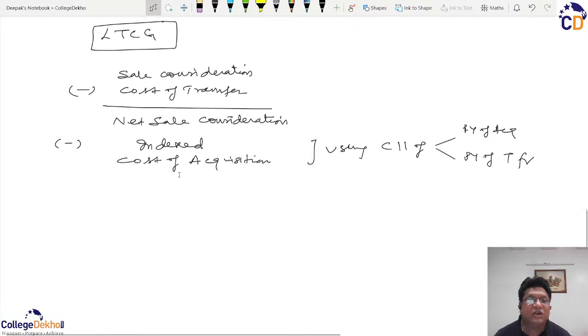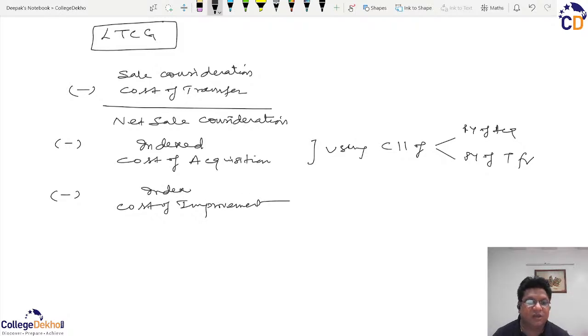But instead of the words cost of acquisition, we will use the words indexed cost of acquisition. Similarly, because it is a long term asset, the cost of improvement will also be indexed irrespective of the year in which it is incurred.